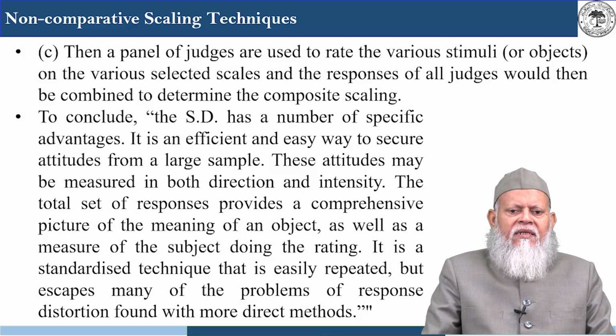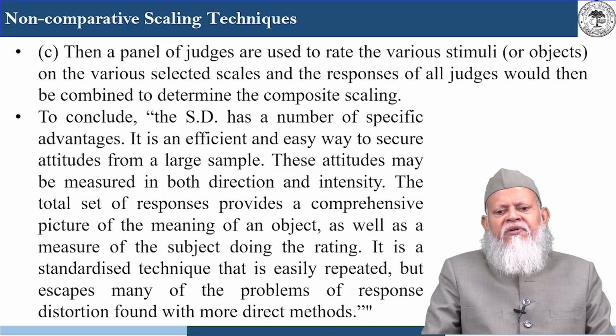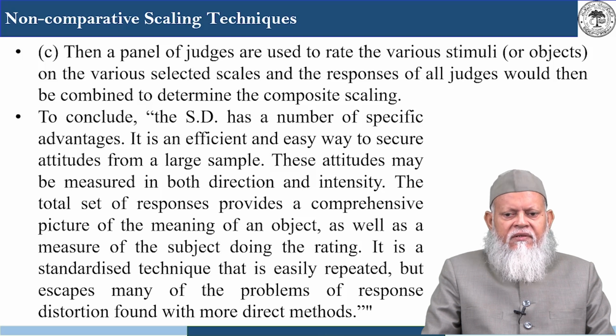To conclude, the semantic differential scale has a number of specific advantages. It is an efficient and easy way to secure attitudes from a large sample. These attitudes may be measured in both direction and intensity. The total set of responses provides a comprehensive picture of the meaning of an object, as well as a measure of the subject doing the rating.